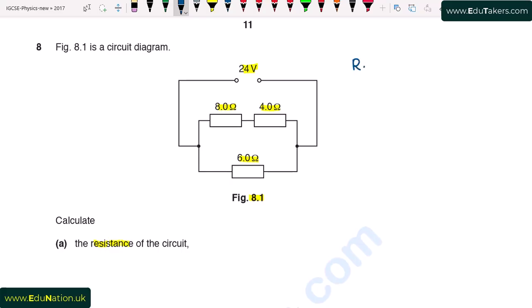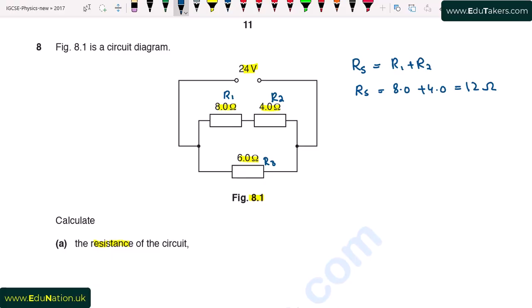So here Rs is equal to, if I suppose it is R1, R2 and R3, it is equal to R1 plus R2 because both of these are in series and the total resistance in the series is obtained by adding all the resistances. So it will be 8.0 plus 4.0, that is 12 ohms. So this is basically the resistance of R1 and R2.